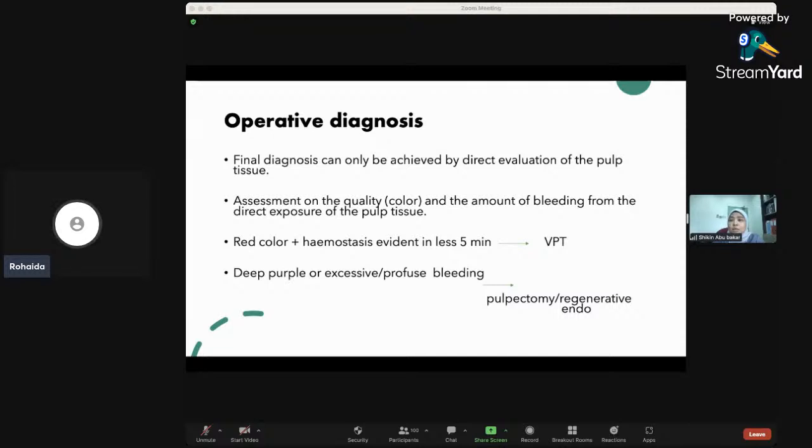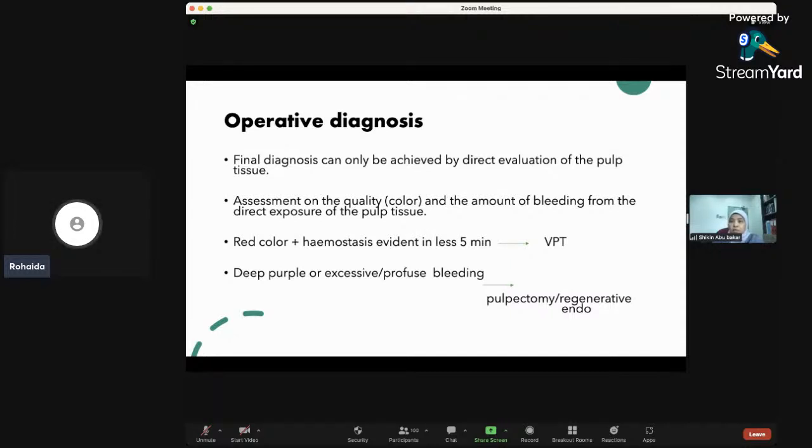So we are left with one option, which we call operative diagnosis, where we have to enter the tooth. We open the tooth to directly evaluate the bleeding and the pulpal tissue. Definitely you have to do this under local anaesthesia and with good isolation control.